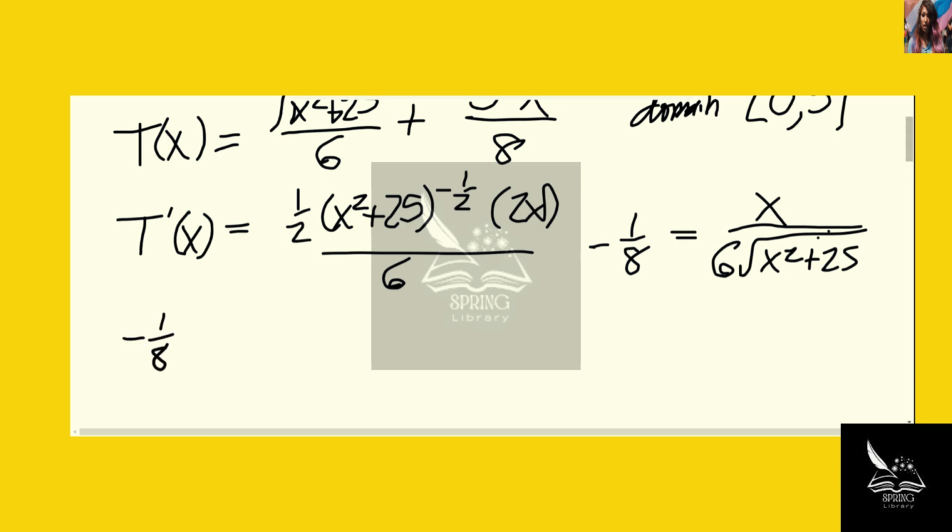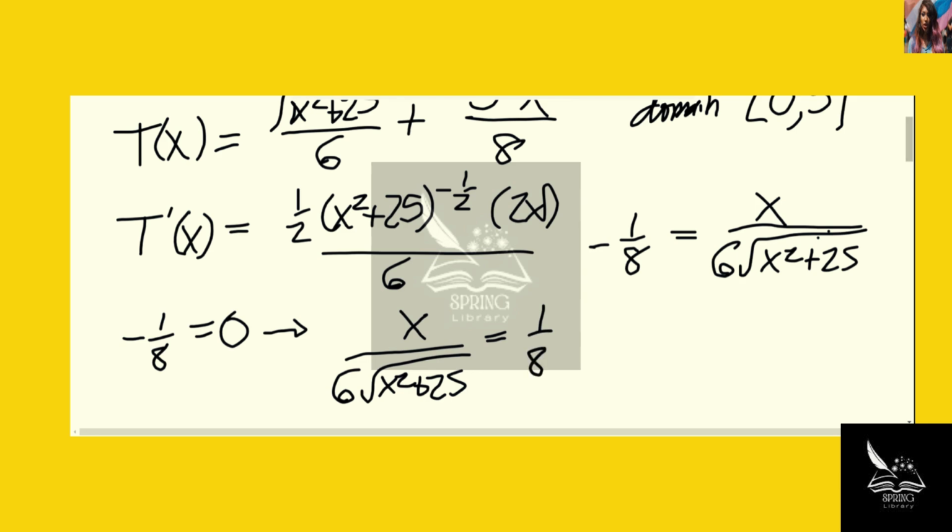And again, we want to set this equal to 0. So this is x over 6 times the square root of x squared plus 25 equals 1/8.